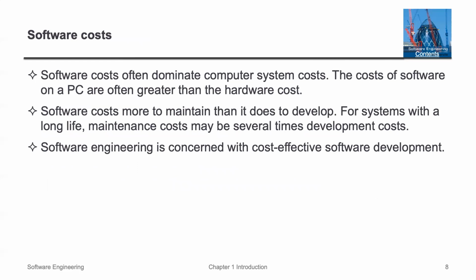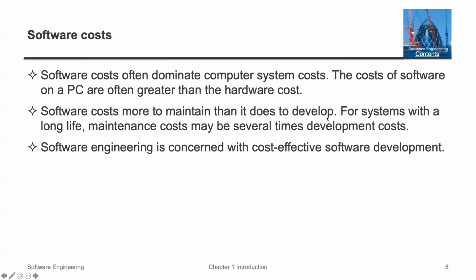Software costs dominate computer systems costs, and the cost of software on a PC is often greater than the hardware costs. That's something to be thinking about. There are various ways those costs are brought to bear. Software costs more to maintain than it does to develop.